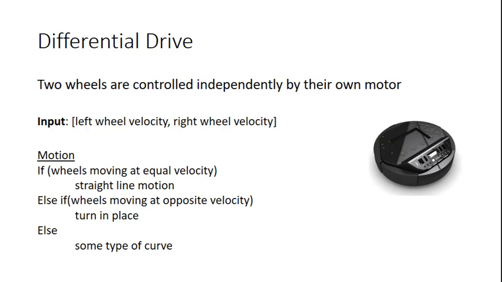And anything else is just some type of curve, some type of 2D curve. It could be a circle, but it's not limited to a circle. It could be a Bezier curve, could be a polynomial spiral. It's just some type of curve, and things get really interesting when you try to plan out specific types of curves for the robot to move on.